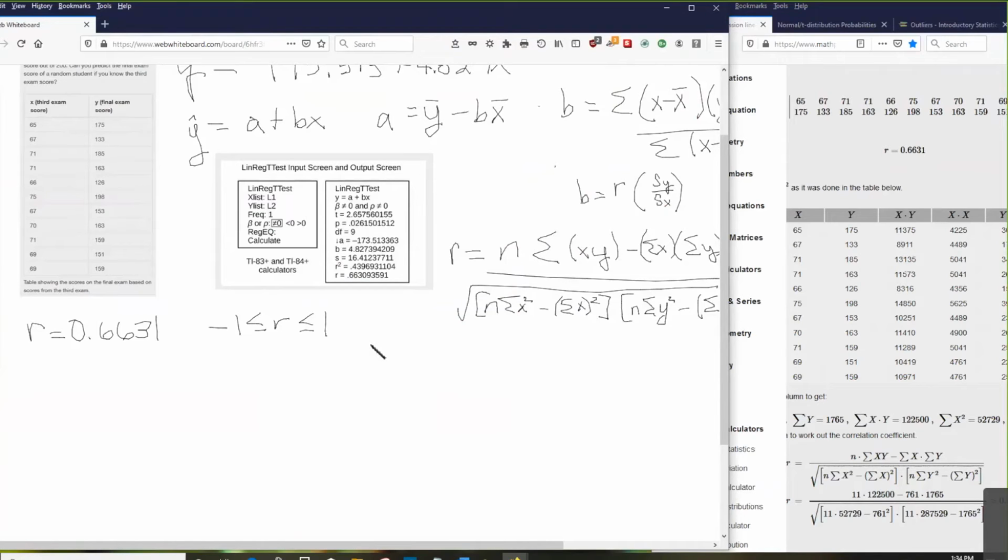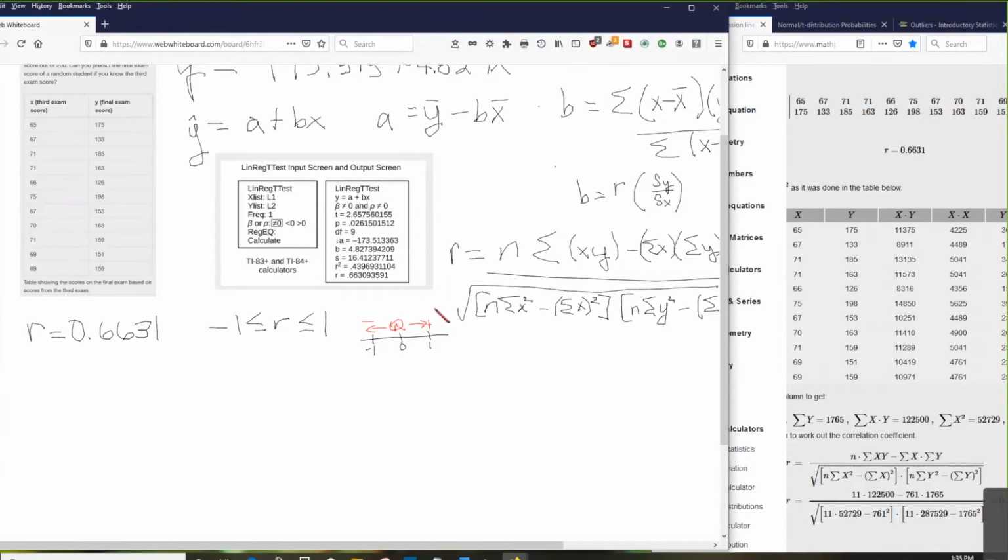So if I'm on a graph and here is 0, here's 1, here's -1, this is going to be no relationship, and this is going to be real strong. So when it gets close to the 1 or the -1, it's going to be real strong.